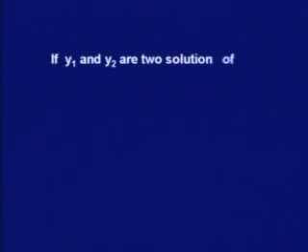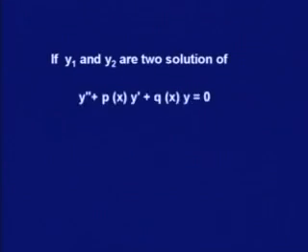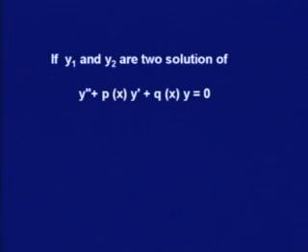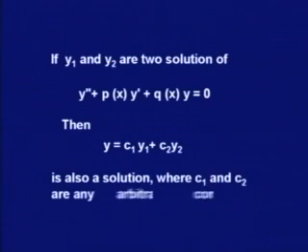Or in other words, if y1 and y2 are two solutions of the given equation, that is y double dash plus p x y dash plus q x y is equal to 0, then C1 y1 plus C2 y2, that is the linear combination of both solutions, will also be a solution, where C1 and C2 are any arbitrary constants.